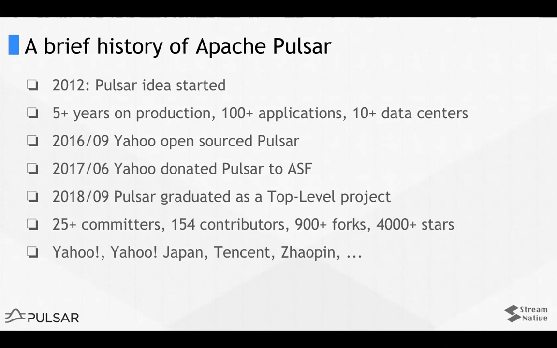Right now, it's adopted by a lot of companies, from internet giants to gaming companies, and also some blockchain companies. For example, the first adopter was Yahoo Japan, and recently the Chinese internet giant Tencent adopted Pulsar for its core billing service, processing tens of billions of transactions per day.